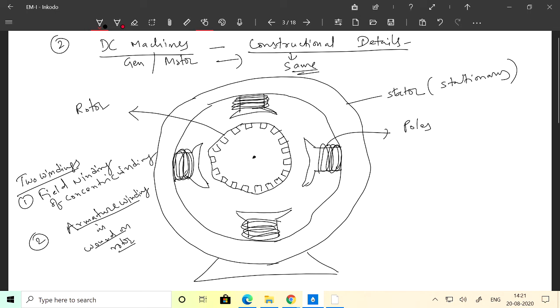These are the slots. Okay, so windings will be wound like this in the rotor slots. These are the windings.